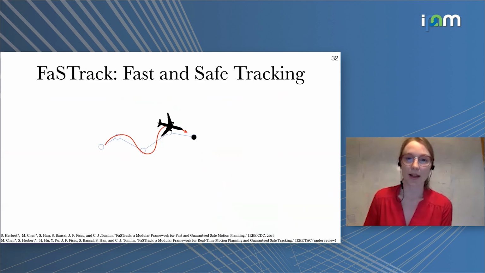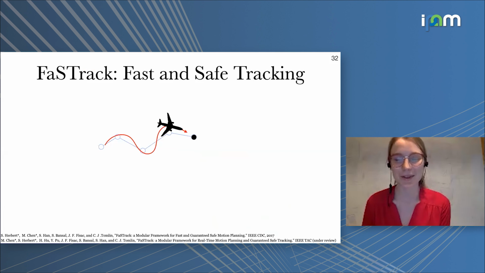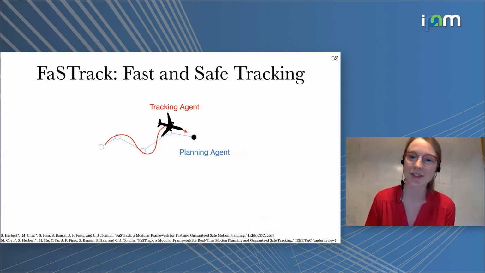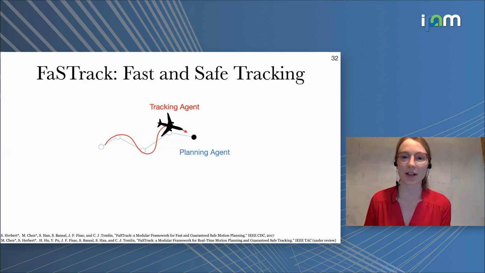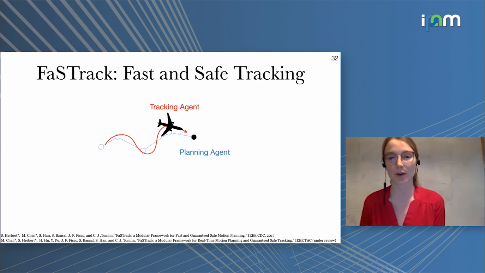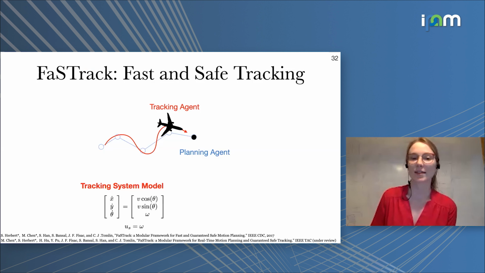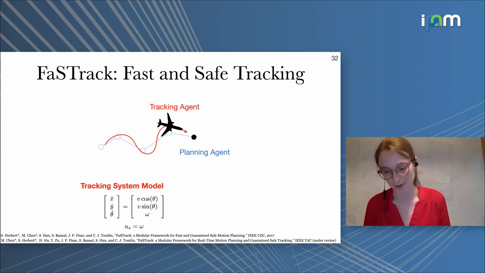So here I'm showing the two identities of our system. I'm going to call them the tracking agent and the planning agent. And for the case of this particular talk, let's look at a particular example where I'm going to make my tracking system model only three-dimensional because we can see in 3D. Generally, this would be a higher dimensional system.